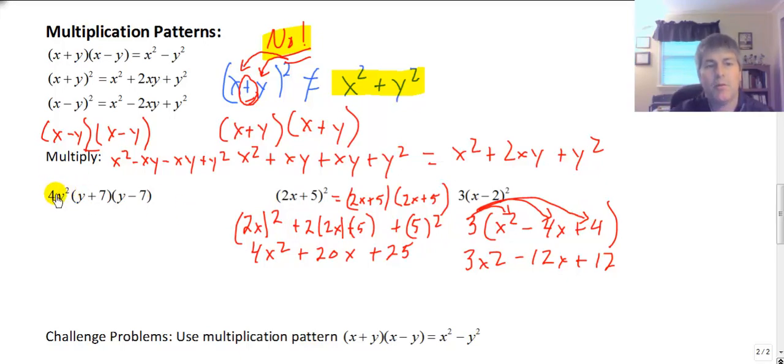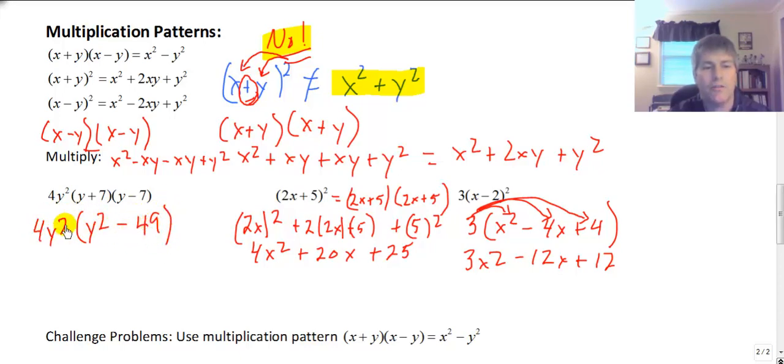So here's another example. You could distribute the 4y squared if you wanted to, but I see y plus 7 times y minus 7. That is our first pattern, x plus y times x minus y. So this becomes 4y squared times y squared minus 7 times 7, which is 49.